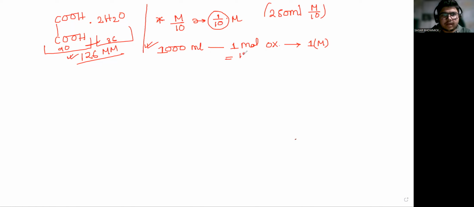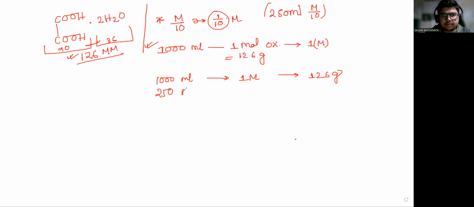That means 126 gram oxalic acid. Let's modify it a bit. To make 1000 ml volume of 1 molar concentration of oxalic acid, we have to add 126 gram oxalic acid.